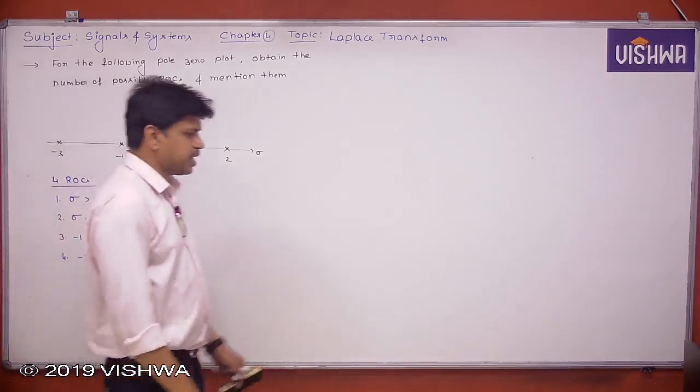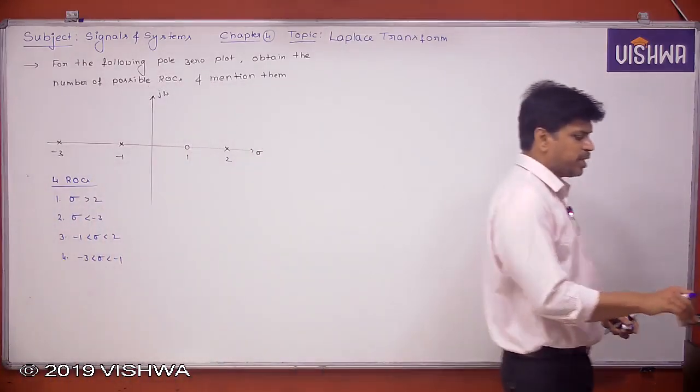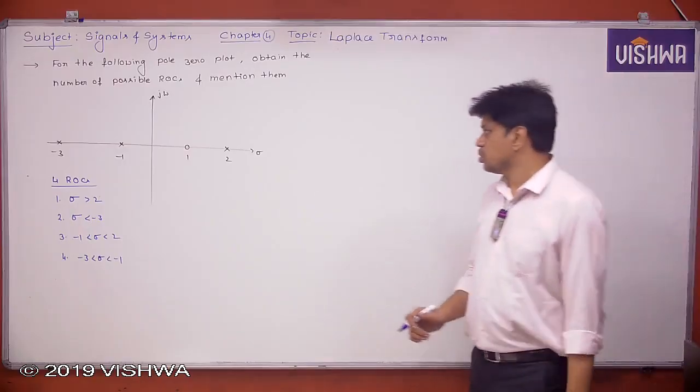Actually, there is a direct formula to say how many ROCs are possible.